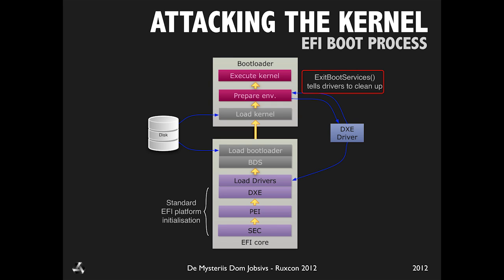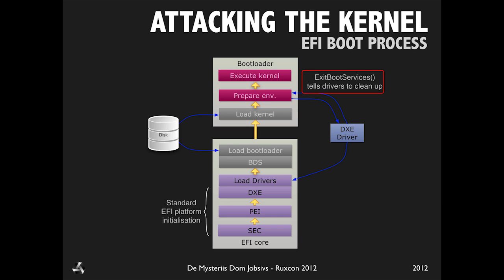So, a slightly more detailed EFI boot process from one aspect: the first phase is the basic platform initialization stuff. So SEC, PEI, and DXE. DXE loads our malicious driver from an option ROM or off disk or whatever. It hands off to BDS, which loads the bootloader off the disk.